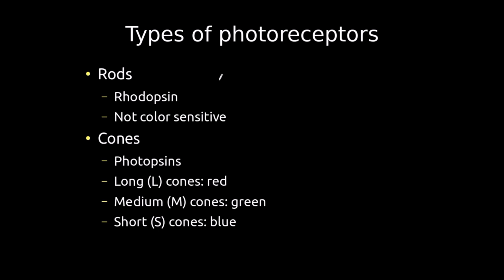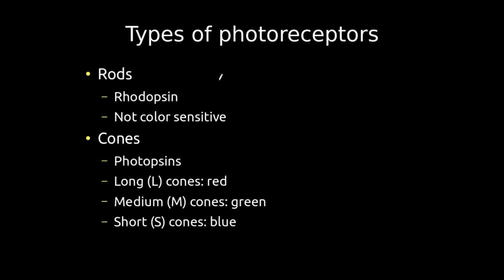We also have medium cones or M cones, which respond optimally to green wavelengths of light. And then we also have short or S cones, which tend to respond to blue light.